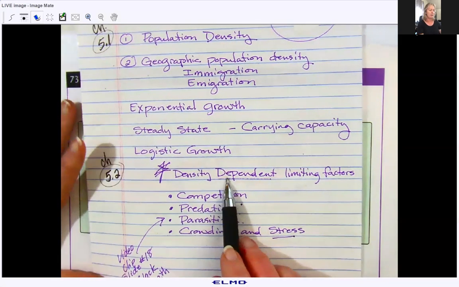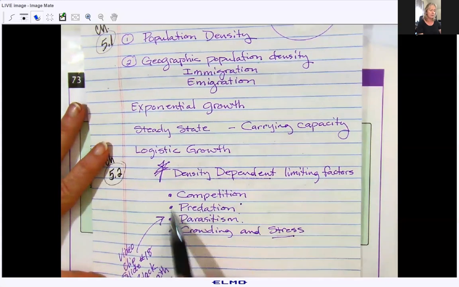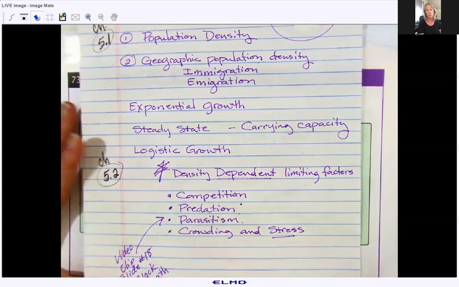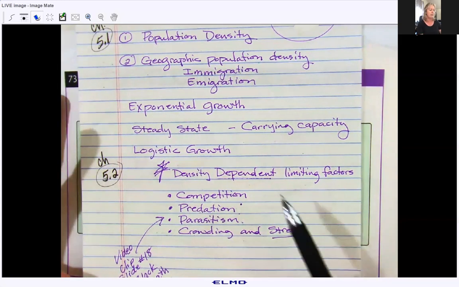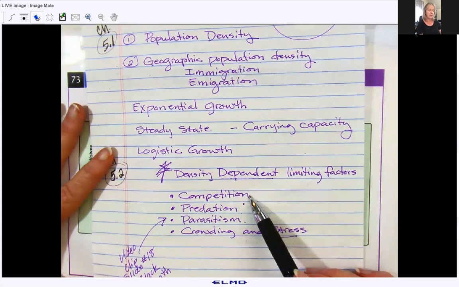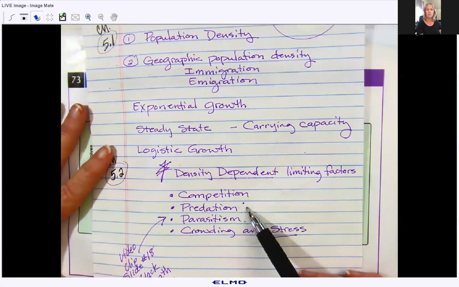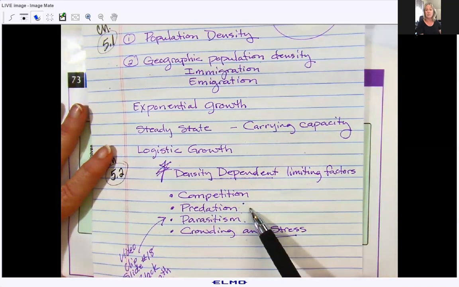Now if the population's small, these things really won't factor in very much. They will impact the population, but not substantially. But if you have a large population, competition for food and space, predation, if you've got predators and prey, if you've got a non-native species, that can really impact the population.